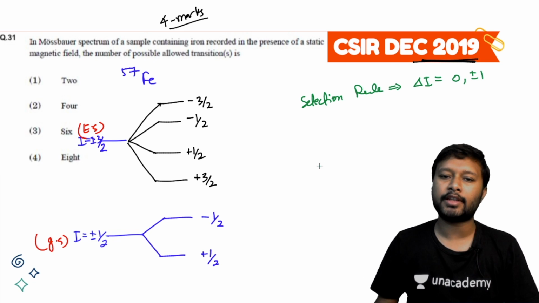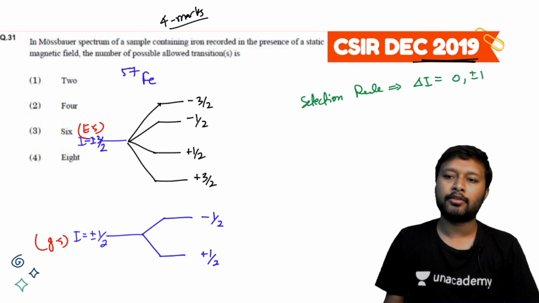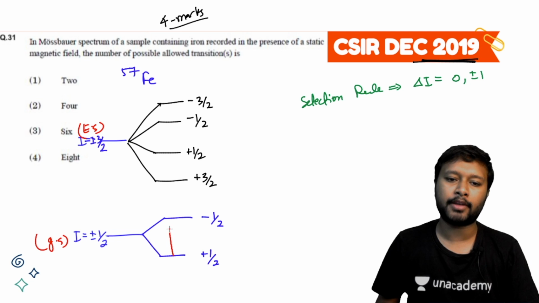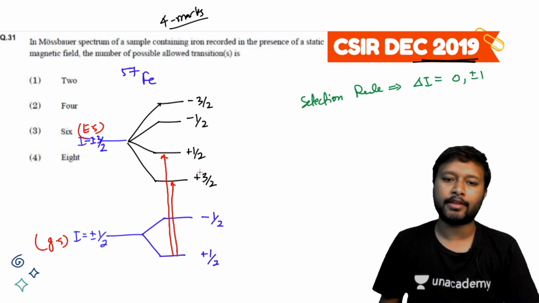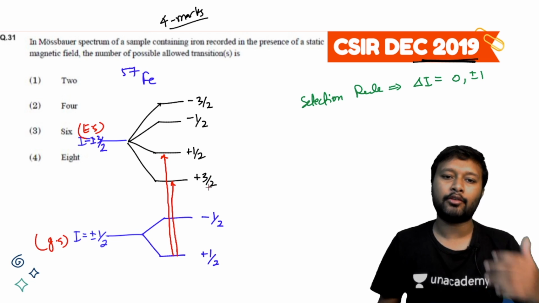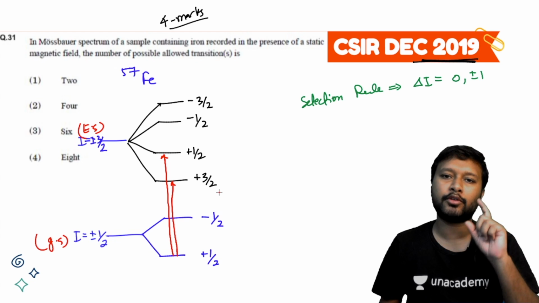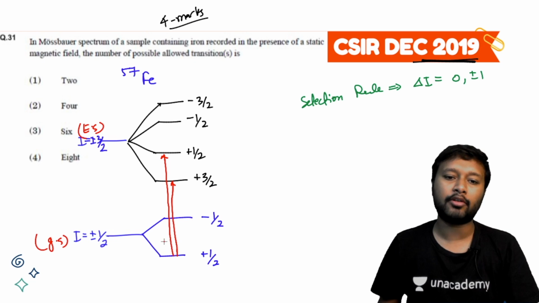So based upon the selection rule, if I have to do the transition from my plus 1 by 2, what transitions are possible? From plus 1 by 2 to plus 1 by 2, there will be one transition which is possible. Then from plus 1 by 2, there is one more transition possible to plus 3 by 2, because you have to subtract from the higher to the lower one. So plus 3 by 2 minus 1 by 2 is going to give you 1, so it's an allowed transition.